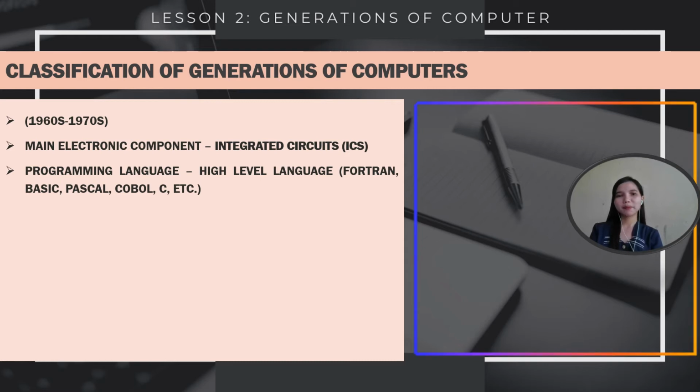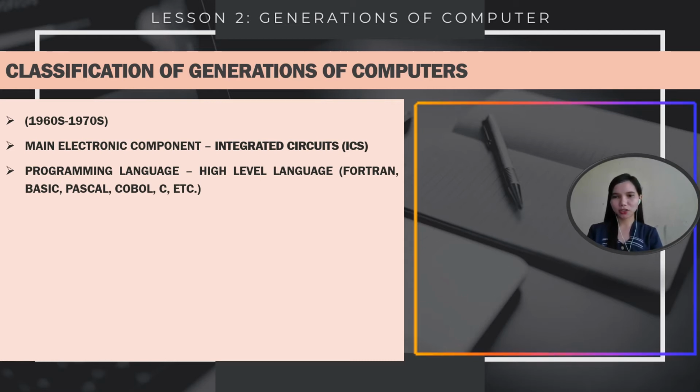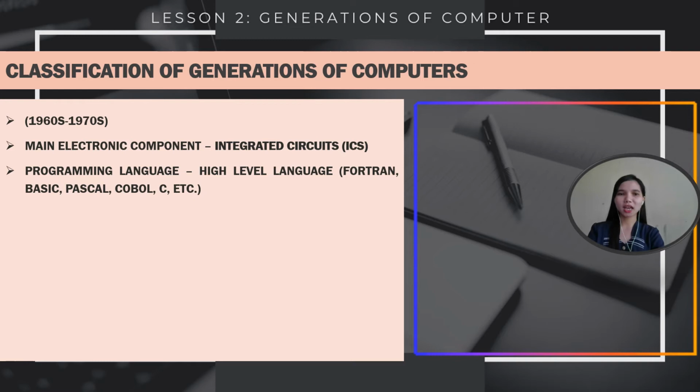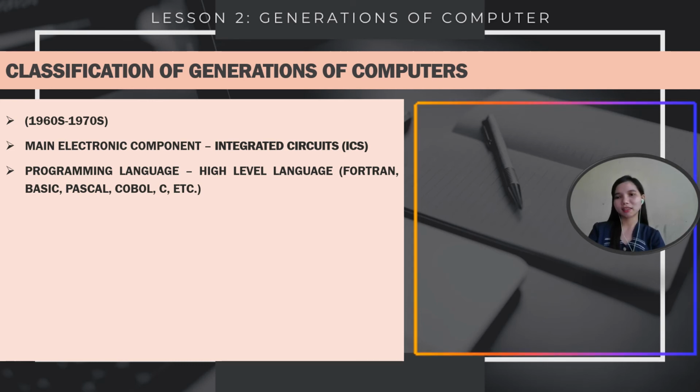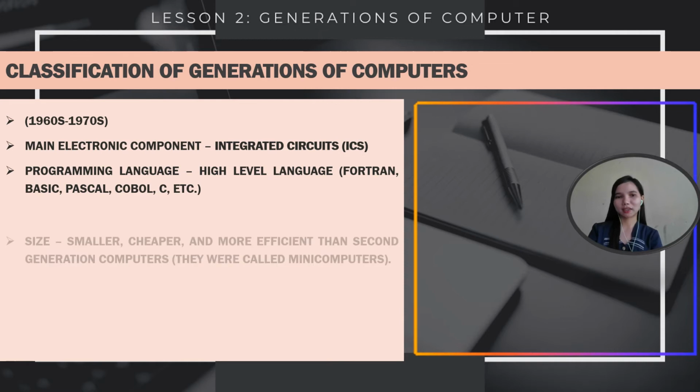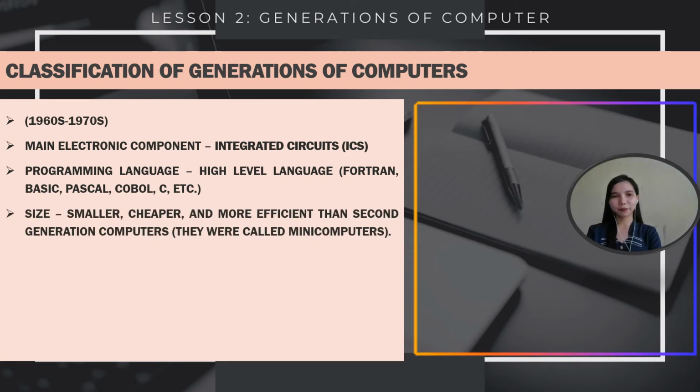On the third generation they used Fortran, BASIC, Pascal, COBOL, or C, just like that, and so on. Next is the size of the third generation: it is smaller, cheaper, and more efficient than the second generation.